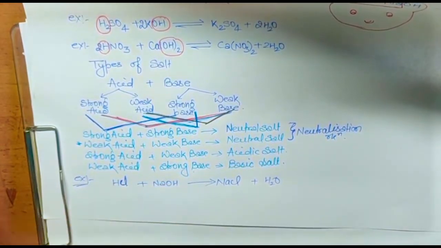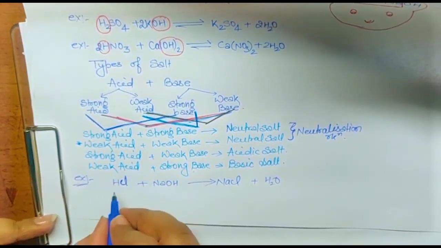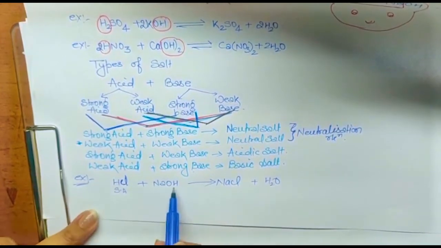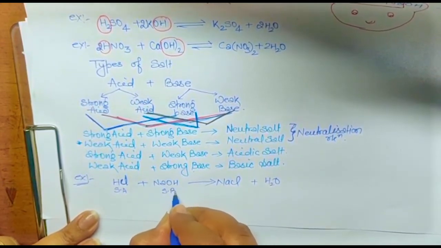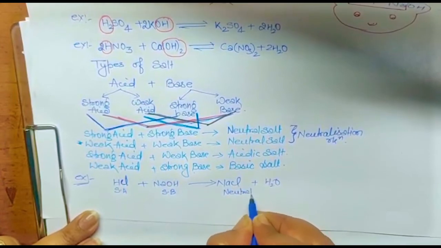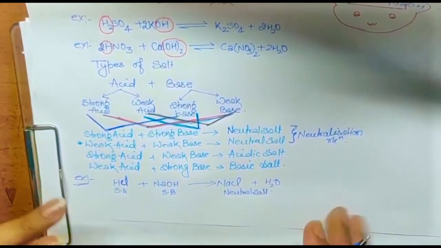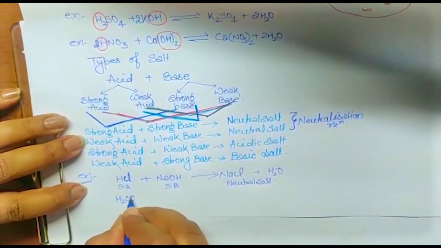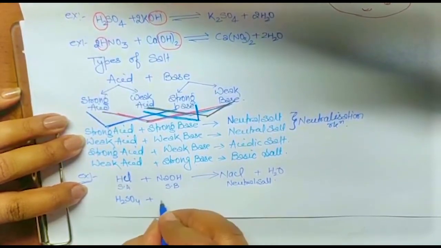So no carbon, so this means it is a strong acid, isn't it? And it is OH with the Na, so this is a strong base. Then the salt will be a neutral salt. Any doubt, bache?